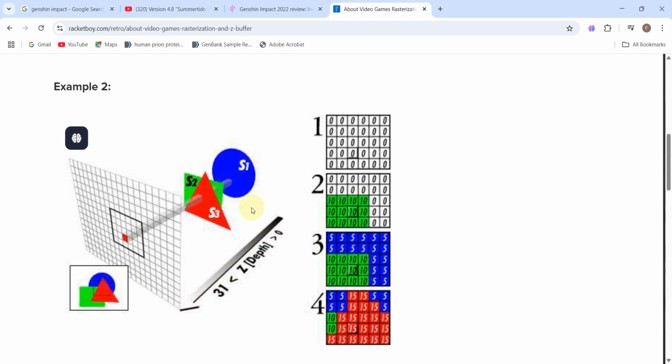Suppose some arbitrary value, say 20 is the depth, and mind you, this 5 is not the depth value, this 5 is for the color, blue.